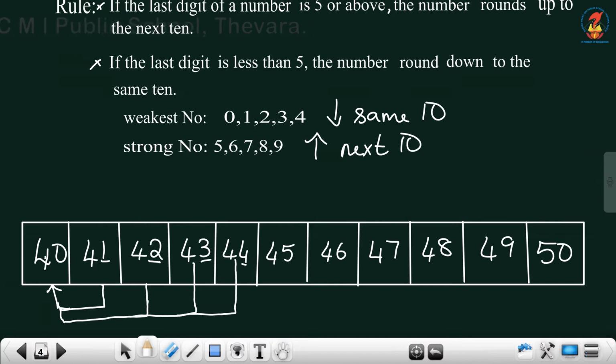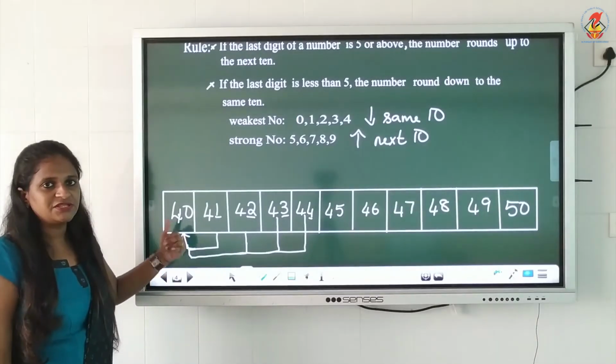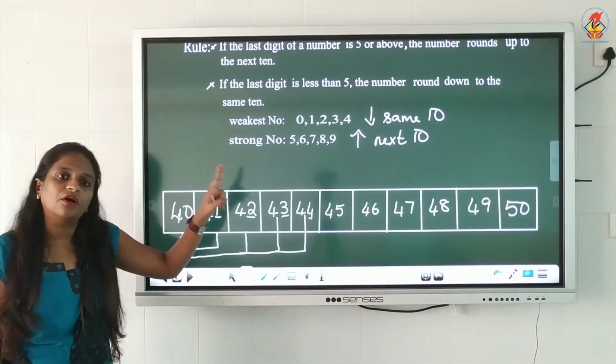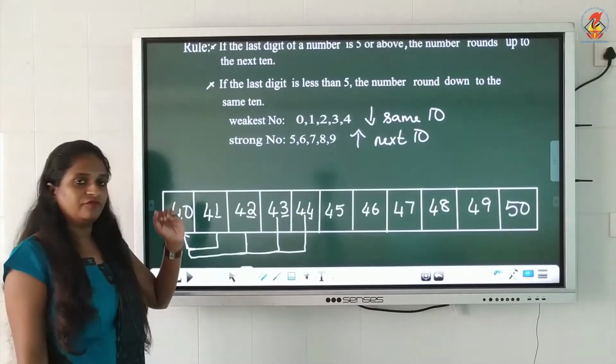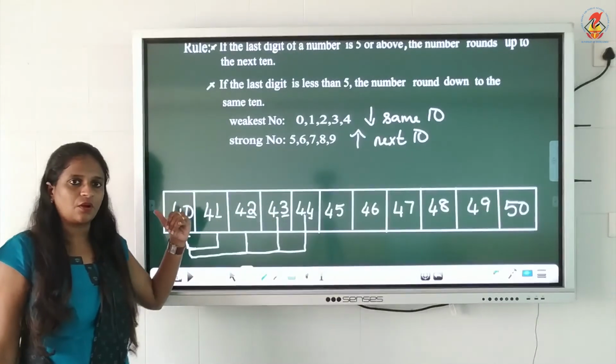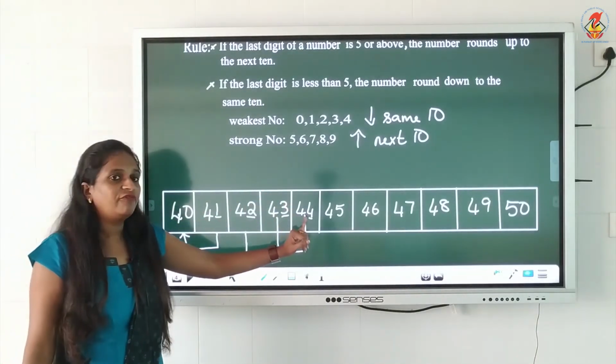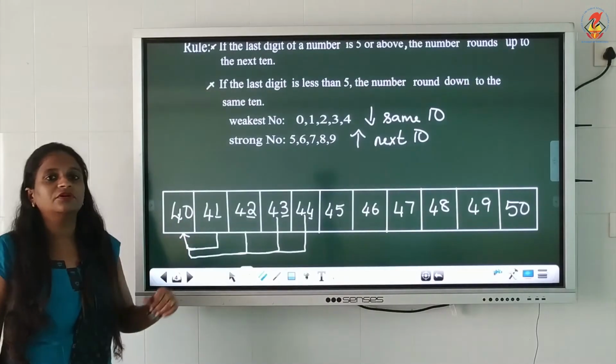Now just see which one is near to 41, 40 or 50. 40 is nearest. So we write 41 is rounded off to 40. 42 is rounded off to 40. 43 is rounded off to 40. 44 is rounded off to 40.